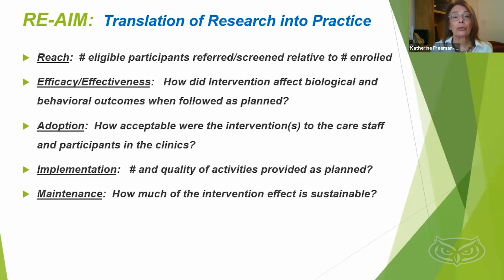Reach refers to how you recruited patients. Who was eligible and who was referred to the trial, and then who screened in, who met the eligibility, inclusion, and exclusion criteria relative to the number actually enrolled. Enrolled means they sign their informed consent and they're randomized to the different treatment groups. So we want to know the process of what's happening with this, and whether any biases enter into the study.